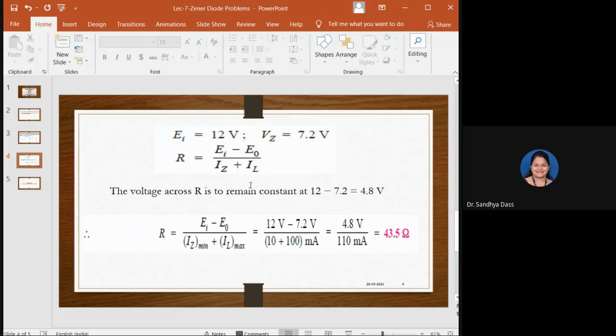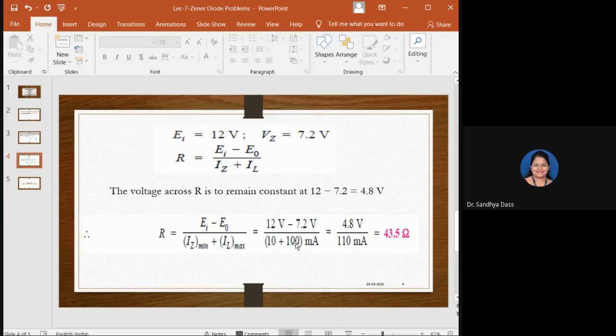So your KVL will be, from the equation I just read out, minus EI plus I into R plus Vz is equal to 0. From that expression, R will be equal to EI minus E0 by Iz plus IL.